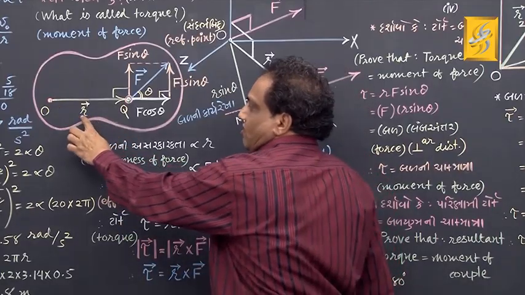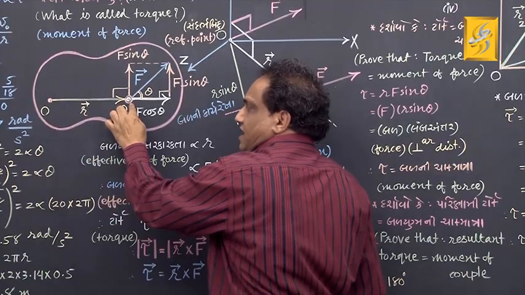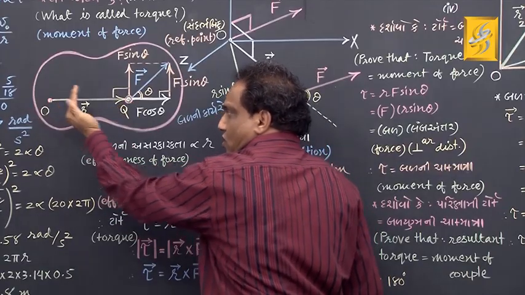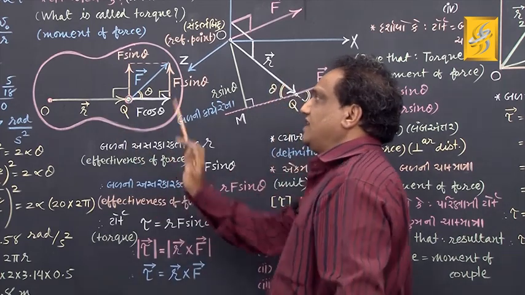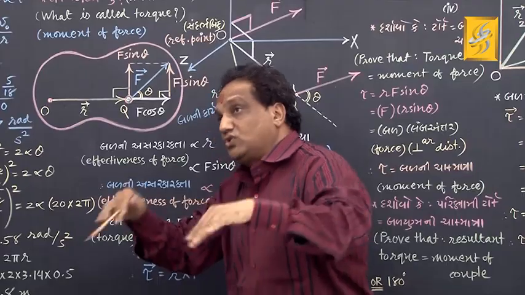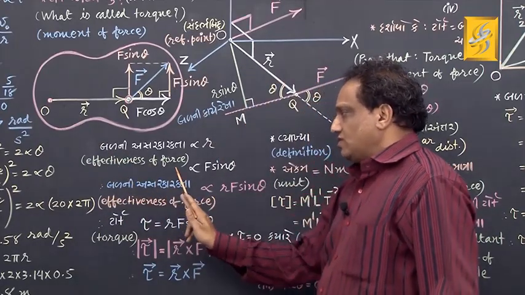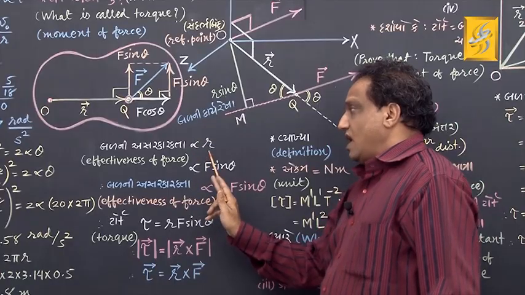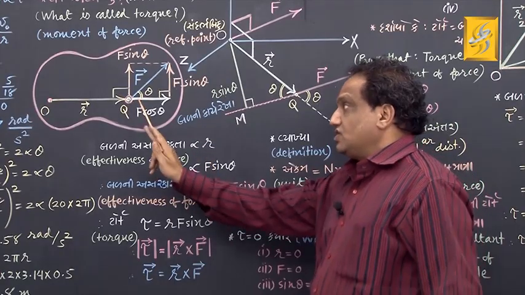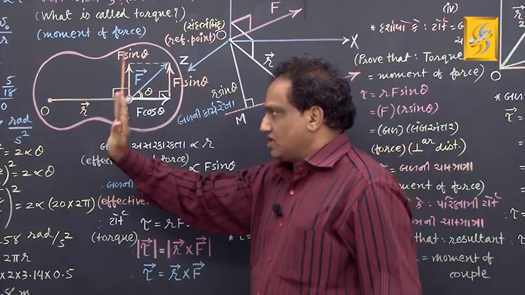If the modulus of vector r, or distance of this particle from this axis, is more, then the effectiveness of this force in producing rotational motion is also more. That is why I have written here, effectiveness of force is directly proportional to r, where r is the distance of the point of application of force from the axis of rotation.